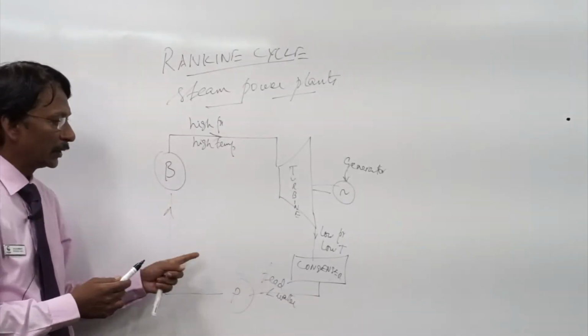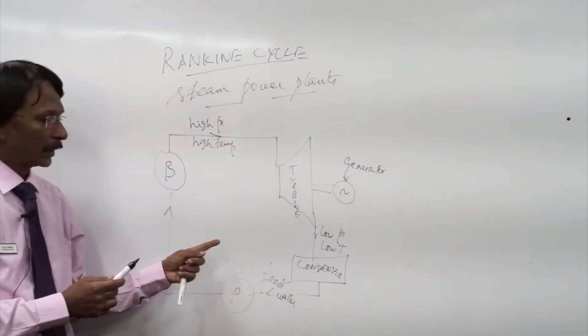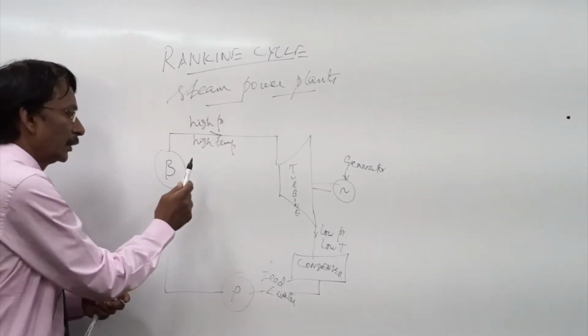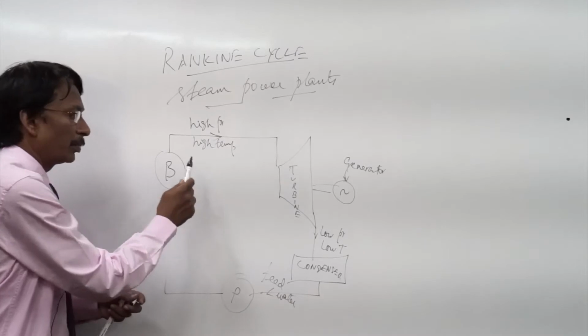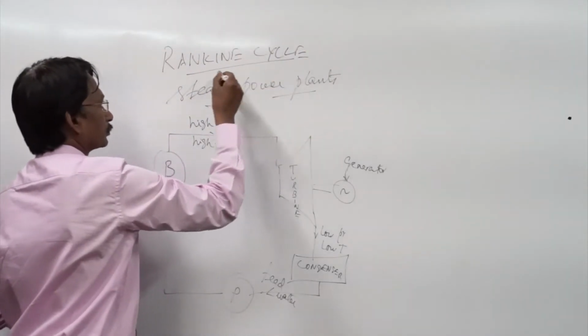Now, this is the basic operation of a steam power plant. And the cycle, thermodynamic cycle, based on which a power plant works, is called the Rankine cycle.